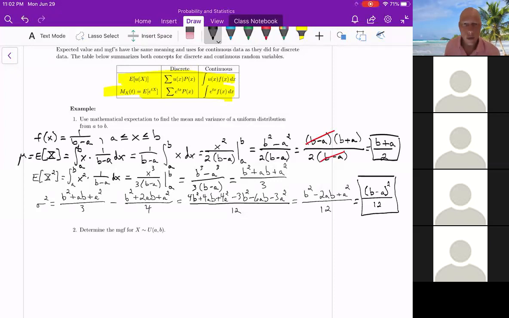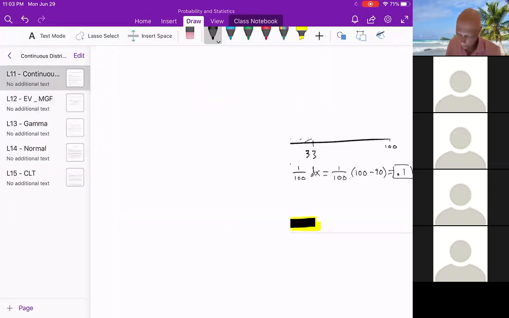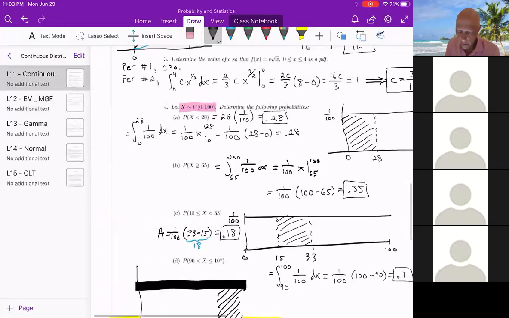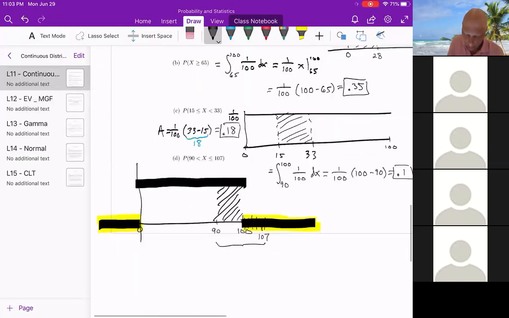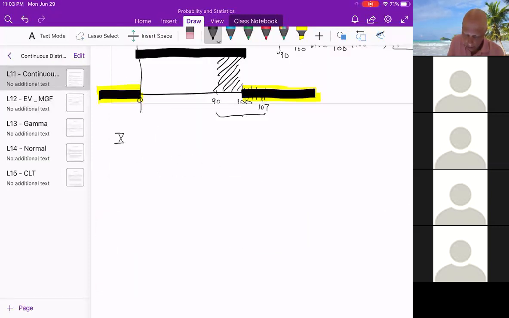And so now you could jump right ahead and just make use of these. For example, I'm going to go back to the previous handout. For this uniform distribution from 0 to 100, if we had been asked to find the mean and variance, now we could jump right ahead and realize, okay, well, the mean is b plus a over 2, or 50.